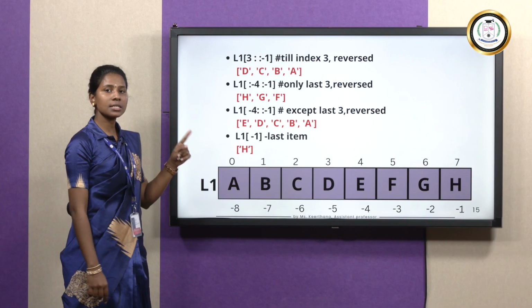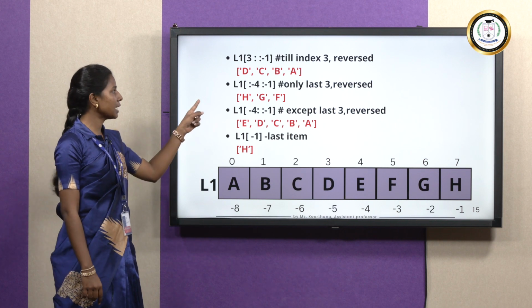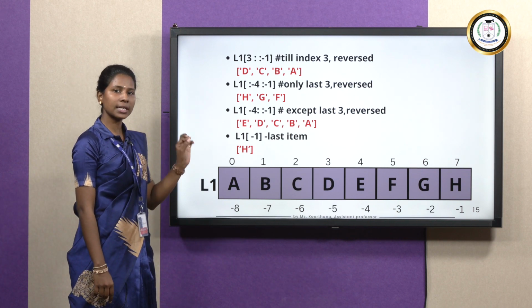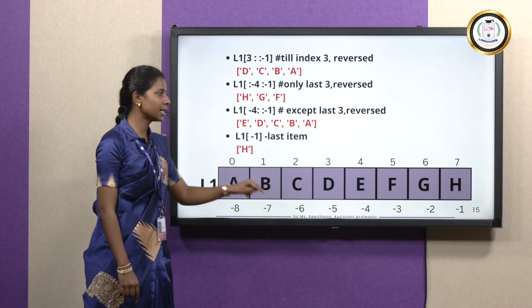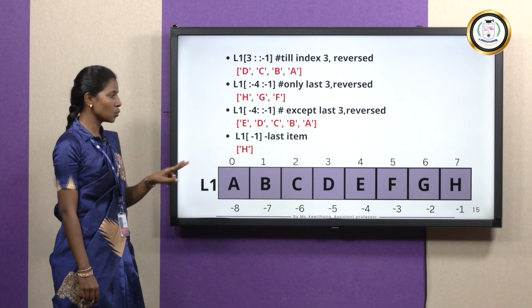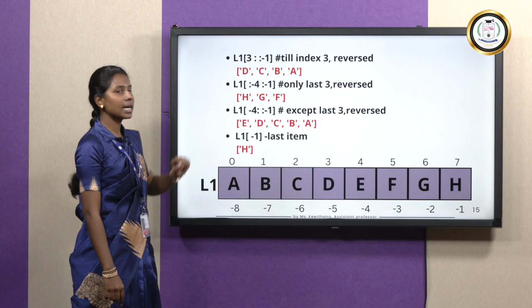So what is the start index? Start index is 0. So what is my step by default? If I didn't mention anything, L1 of start index is 0. 0 minus 1 is -1. So H will be printed. -1 minus 1 is -2. G will be printed. -2 minus 1 is -3. F will be printed. -3 minus 1 is -4. So that is our end index.